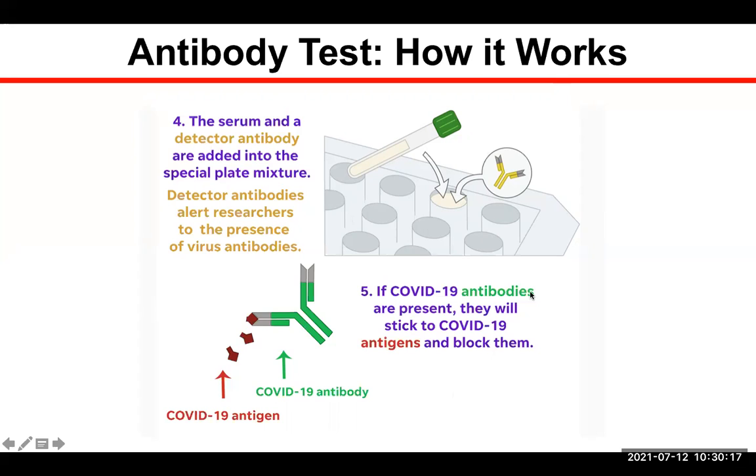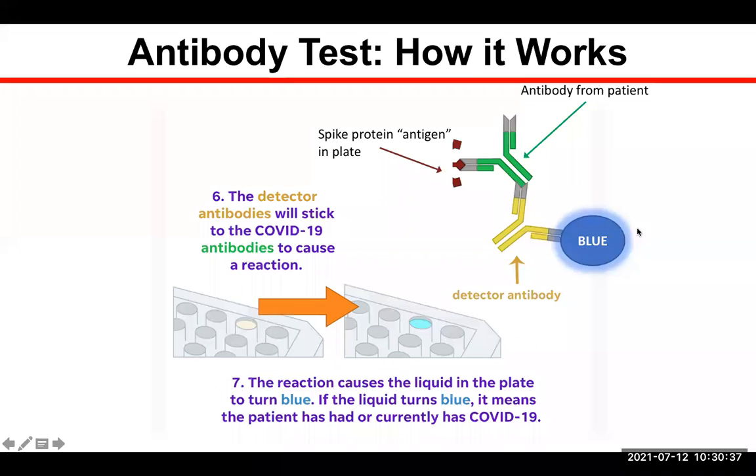Basically, you have the antigen, and then your IgM or IgG, assuming you've been infected before, binds to the antigen itself. And then a detection antibody comes in, and there's some kind of molecule attached to it.